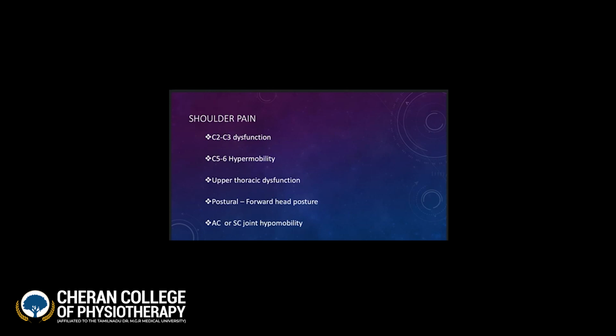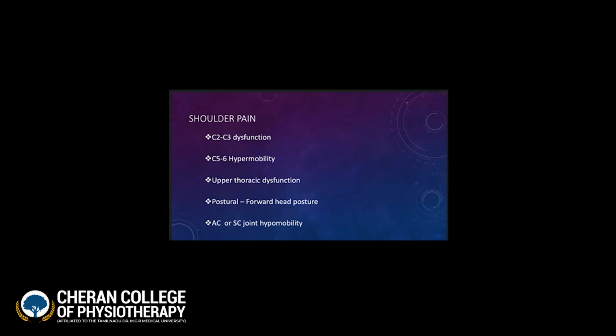But if you go with that category, like upper, mid, and lower cervical, that's fine. But the C2-3 junction is a really transitional zone where the Z joints, the zygapophyseal joints, or facet joints, completely change their orientation from one plane to another in this junction.